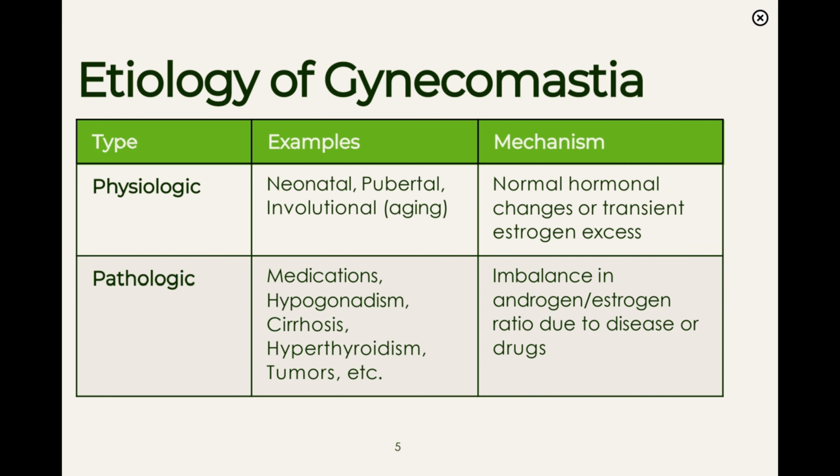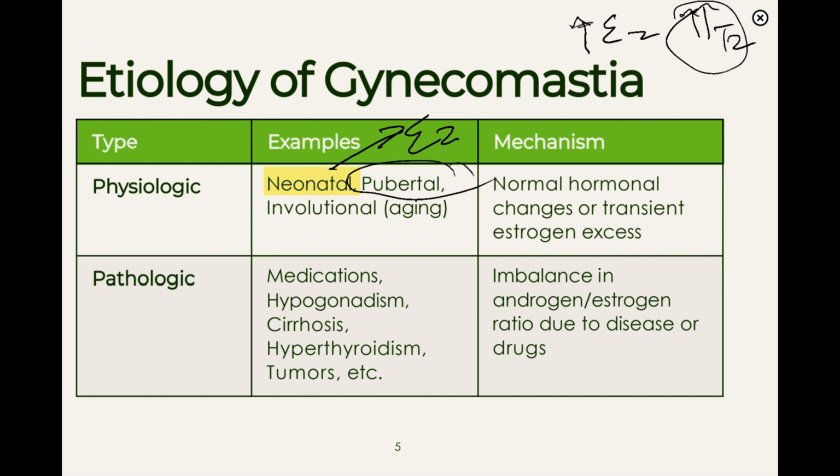So the etiology can be either physiologic or pathologic. The physiologic states occur in the neonatal period, especially with transplacental transfer of estrogen in a newborn. They could actually develop breast budding. Also, during pubertal growth, when there is an initial imbalance in a male between estrogen and testosterone, so there's a bit of a decline in the surge in testosterone, and for that reason, pubertal boys can also develop gynecomastia.